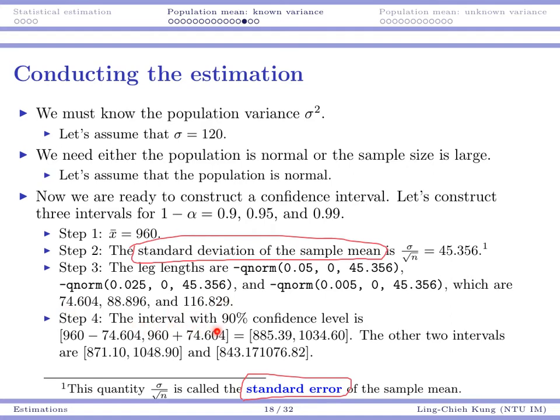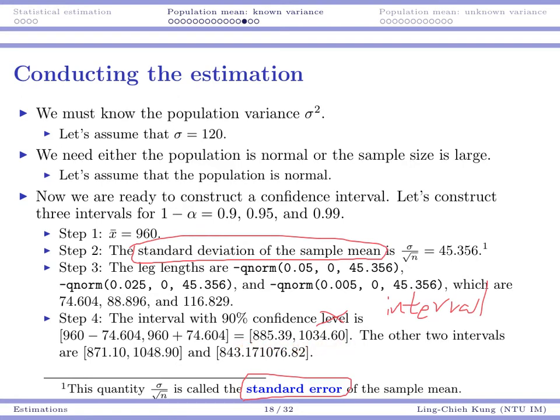And then the 90% confidence interval would be just starting from the sample mean. We go to the right and go to the left with the lag length, and then we can get some number that is around 885 and 1035.